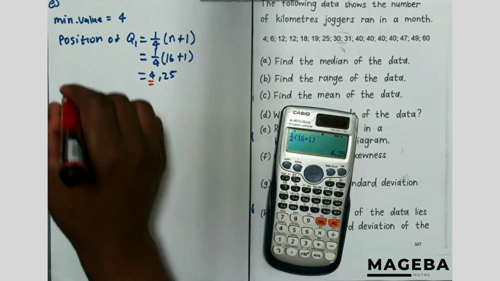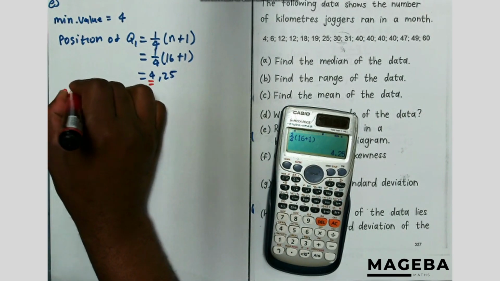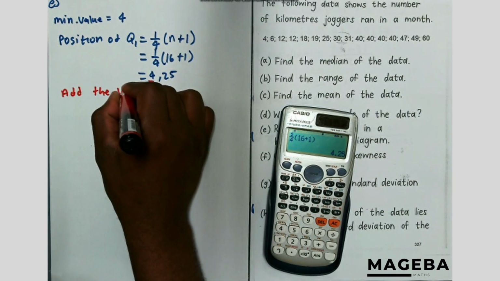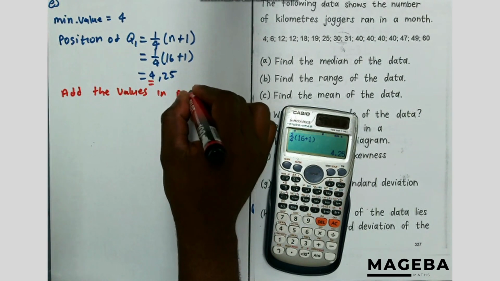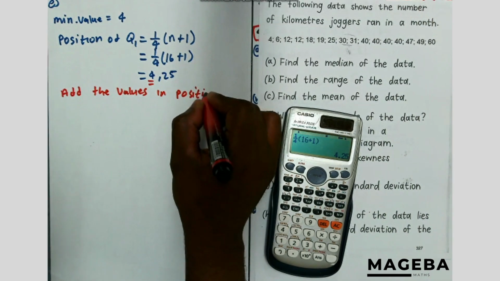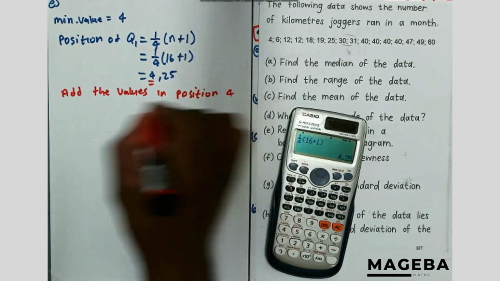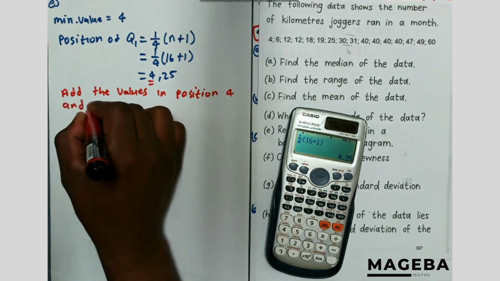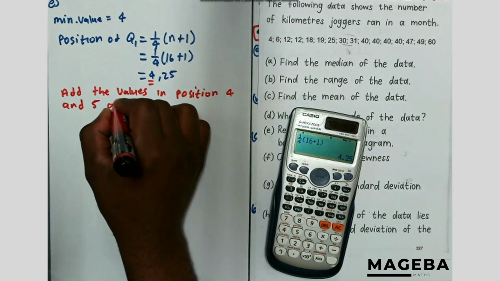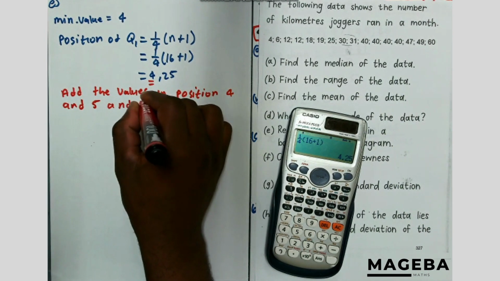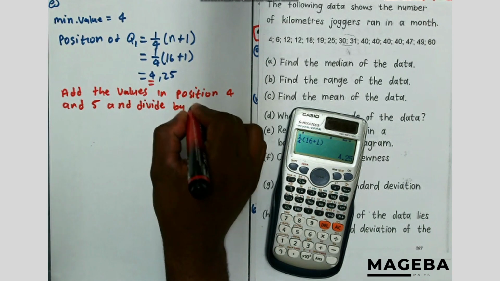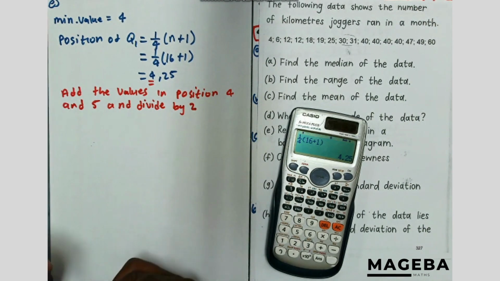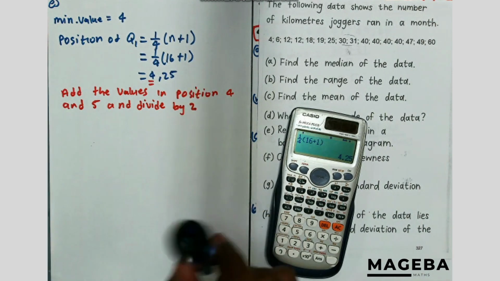What we're going to do now is add the values in position number 4 and number 5, and divide by 2, because the Q1 that we need is between those 2 numbers.